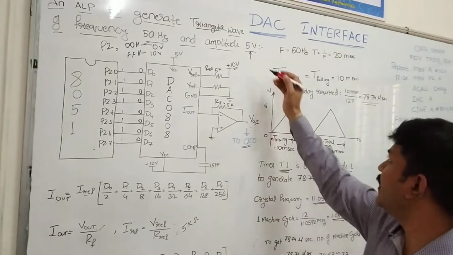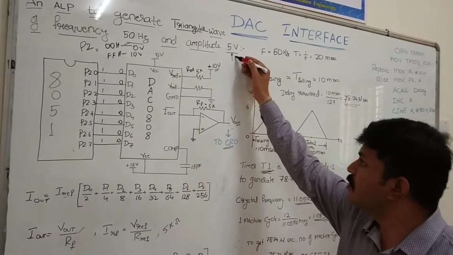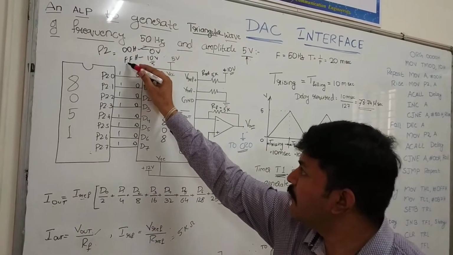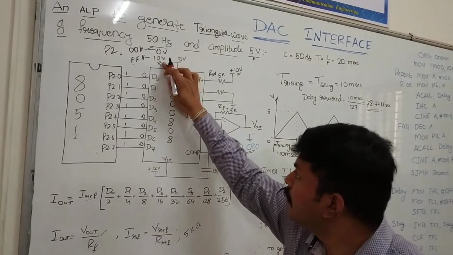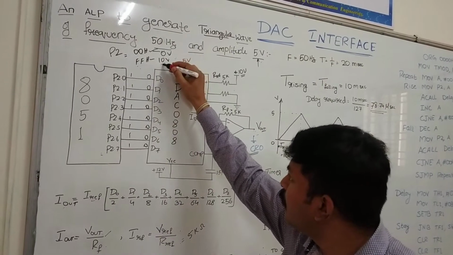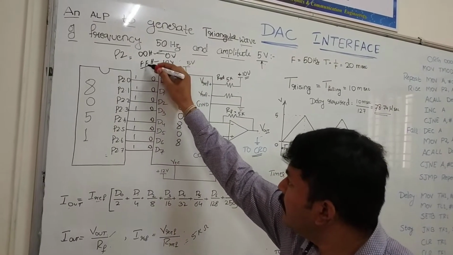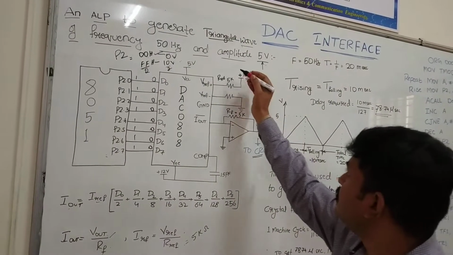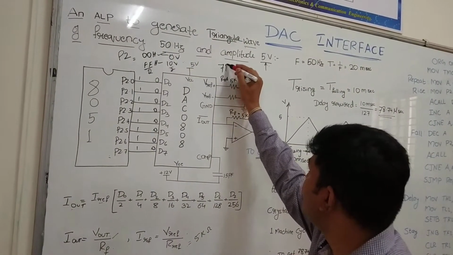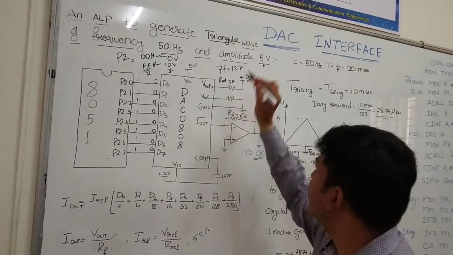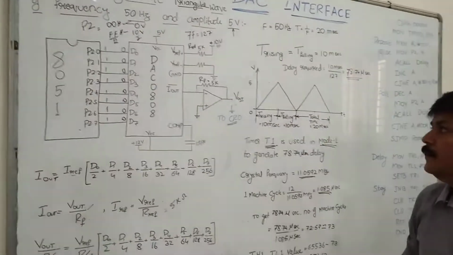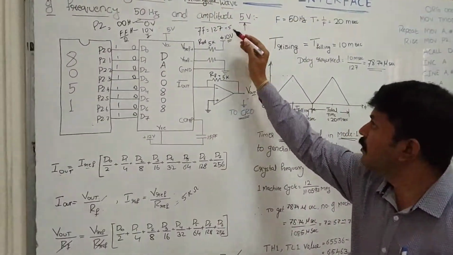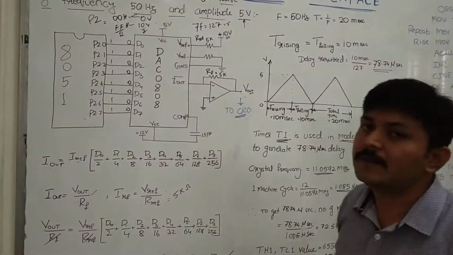But in this case I require 5 volts. I will divide this 10 volts by 2, hence I have to divide this FF by 2, which gives 7F, which means 127. And 127 represents 5 volts and 00 represents 0 volts.